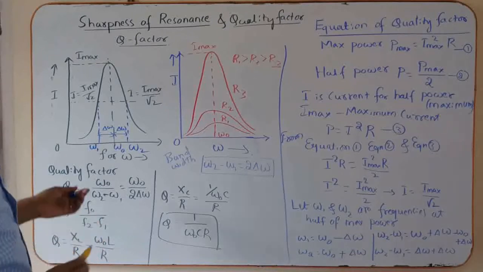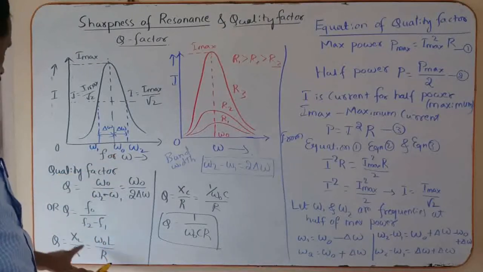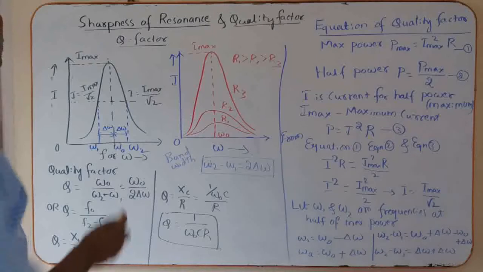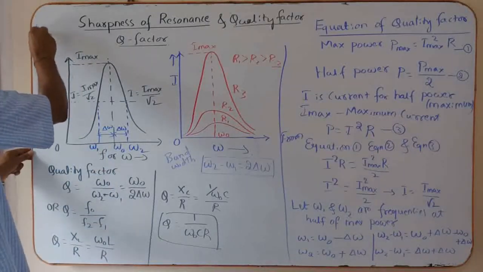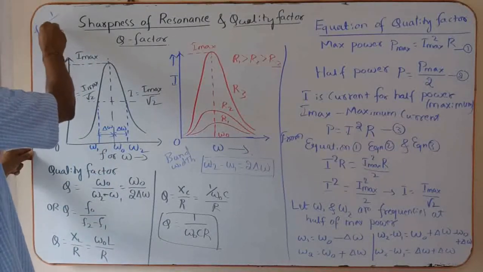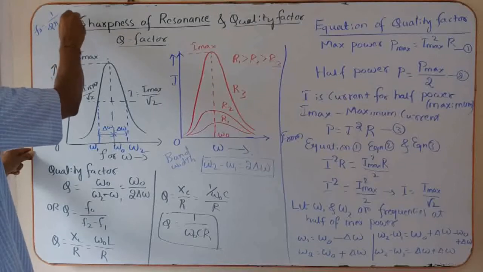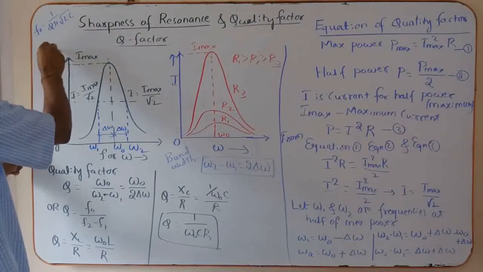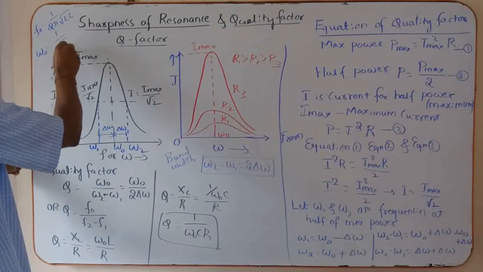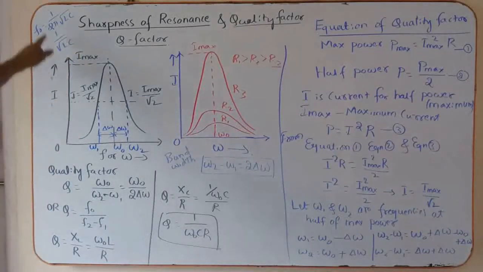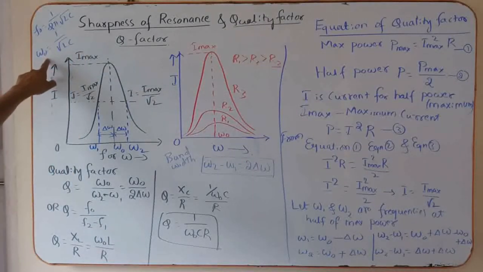That resonant frequency is represented by omega naught or f naught. What is f naught? f naught is equal to 1 upon 2 pi root of LC. And omega naught is 1 by root of LC. Already we discussed and derived these two expressions.